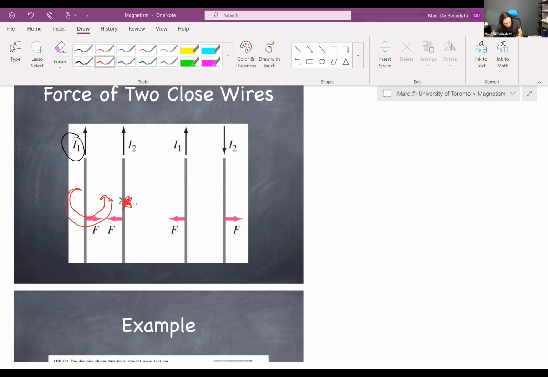Well, that means we can calculate the force on wire 2, and that's going to equal ILB. Well, we use our right-hand rule. We know the external B field at the location of wire 2 is into the board.